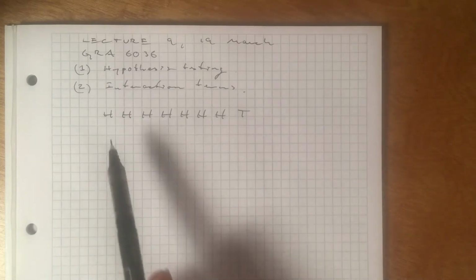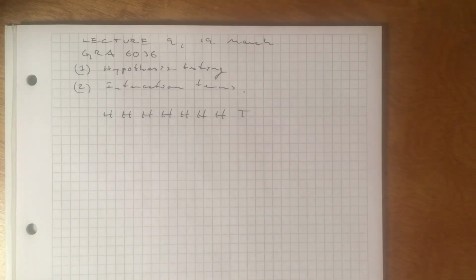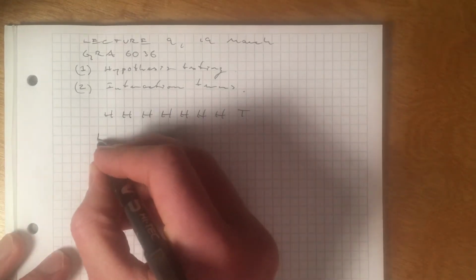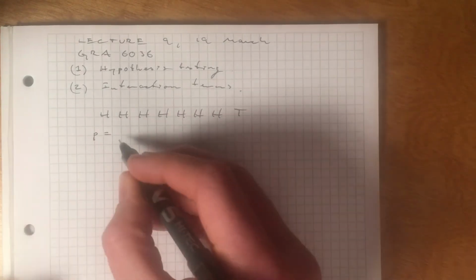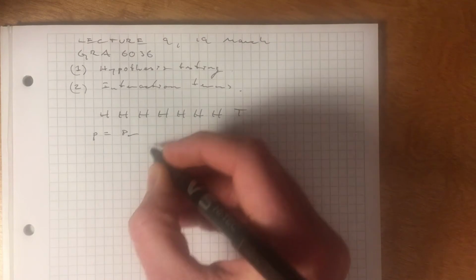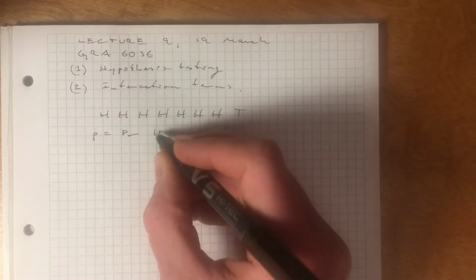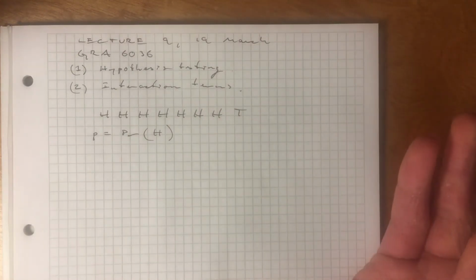When we first meet a new coin, our hypothesis about the state of affairs is that it is fair. So let p be the probability of getting heads.